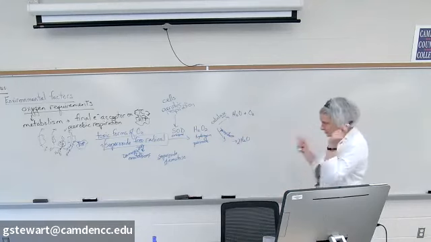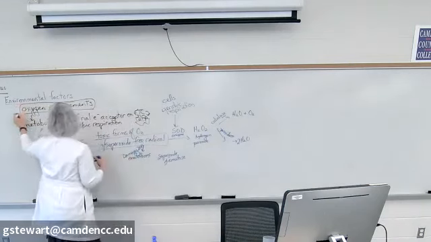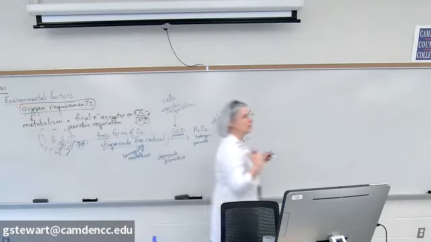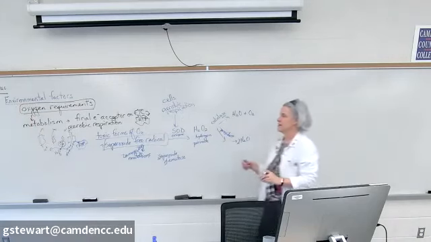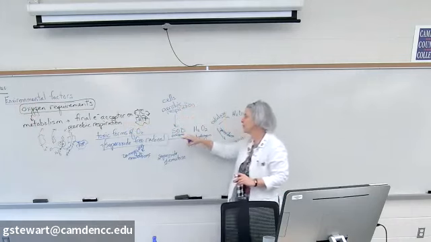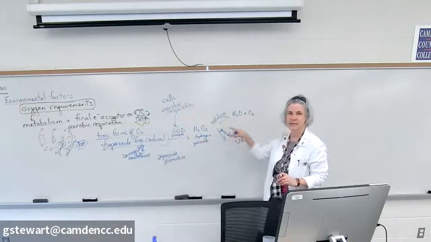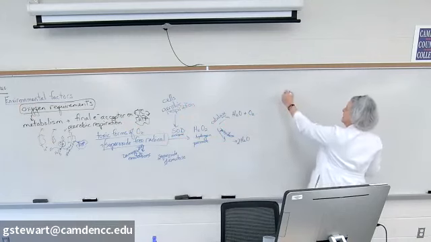So now we're going to talk about oxygen requirements. And I'm going to tell you that you can group the bacteria in groups based on whether they use aerobic respiration and/or whether they have this enzyme system to get rid of the toxic forms of oxygen.